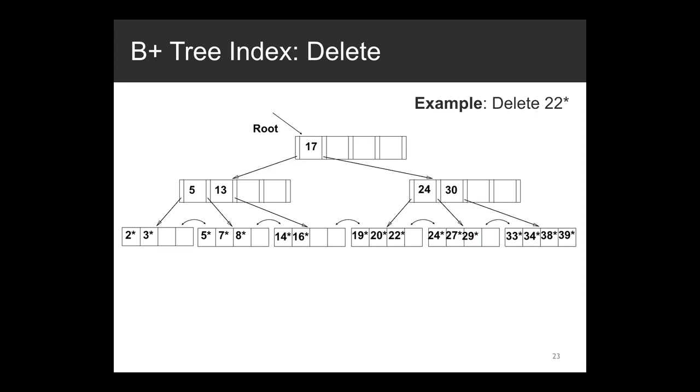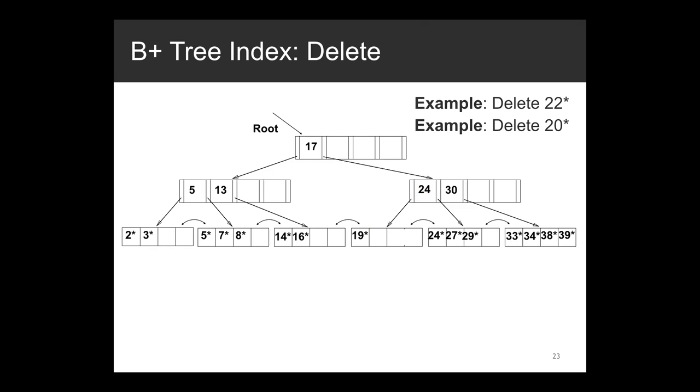So let's do this again. 22 is gone, no issues. Delete 20, 20 is gone, but now you have an issue. We are underflowing here. You're going to borrow 24 from your sibling, but if you put 24 on the left leaf over here, this is no longer valid because our convention was if you're strictly less than 24, you go to the left.